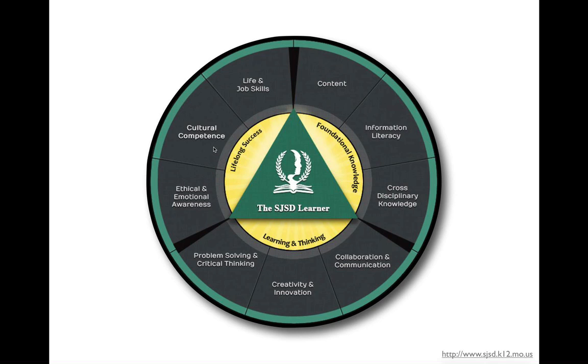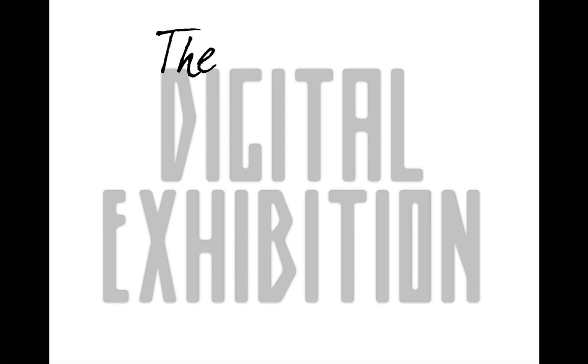So how do you evaluate something like this? It's pretty easy to evaluate the answer to 2 plus 2 is 4. That's simple. But evaluating something as deep as this learner profile requires an evaluation scheme that's just as deep. And so we have termed the final piece of this the digital exhibition.